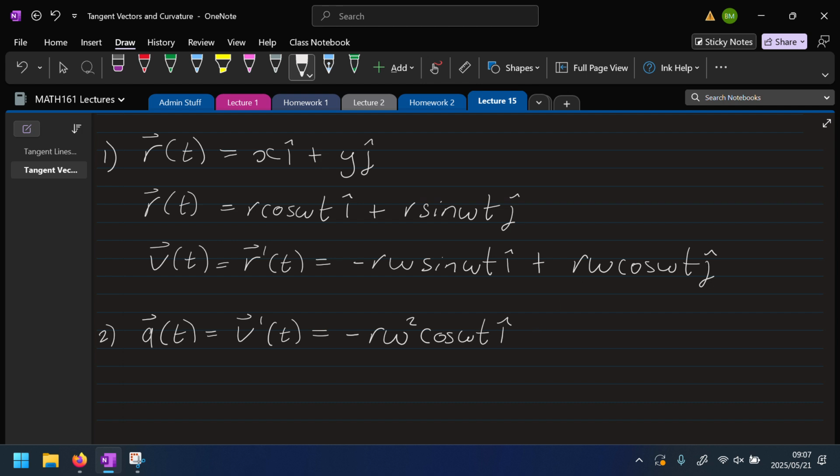And then the derivative of cos is minus sine, so that will be minus r omega squared sine omega t. Okay. So here we have the acceleration vector.